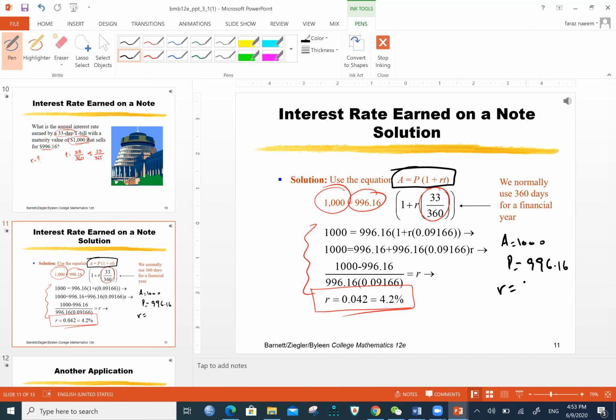We need to find the annual interest rate, and T was 33. We converted into number of years, so we divided by 360. So T equals 33 by 360. We are simply substituting values there. Here R is there, and we can find R. Is that clear? Okay, that's clear now. Thank you.